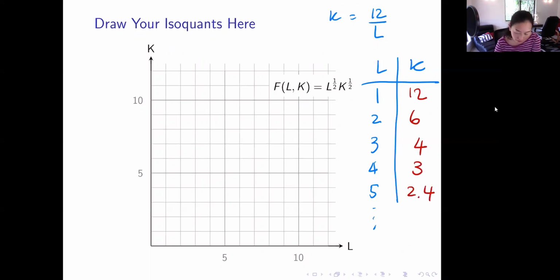So we can plot these bundles: (1, 12), (2, 6), (3, 4), (4, 3), and (5, 2.4). Something like this. Okay, when the output Y is equal to 2 times square root of 3.